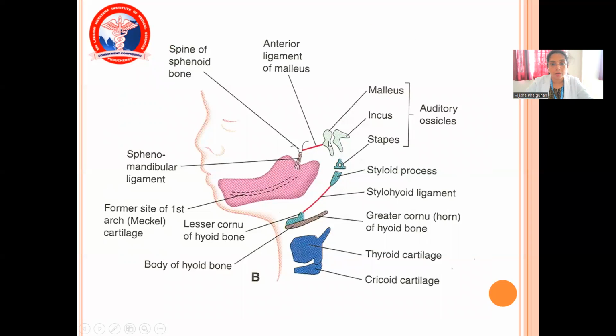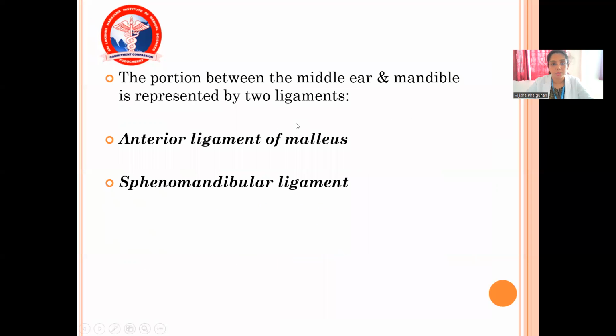See here you have a detailed view where you have malleus, incus, the anterior ligament of malleus, the sphenomandibular ligament, and the remnants of Meckel's cartilage. All these are derived from the first pharyngeal arch. The portion between the middle ear and mandible will be represented by 2 ligaments: the anterior ligament of malleus and the sphenomandibular ligament.